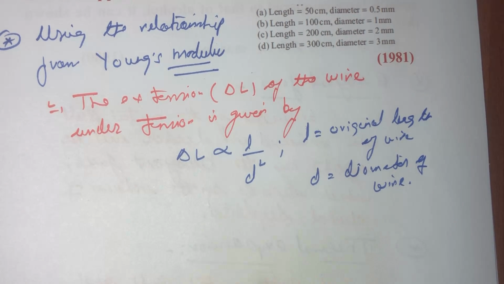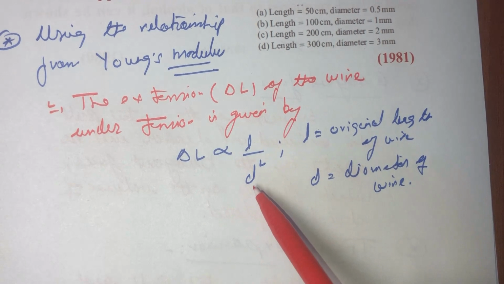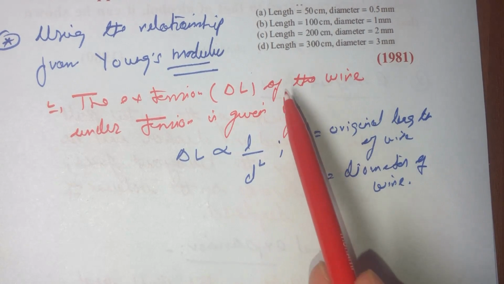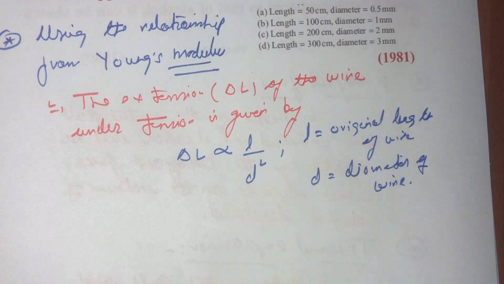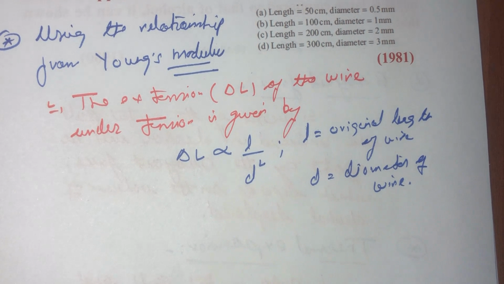So we are going to find out the ratio of L to D square for each of these 4 cases, and one by one then we are going to make a comparison how these ratios are going to stand with respect to each other.